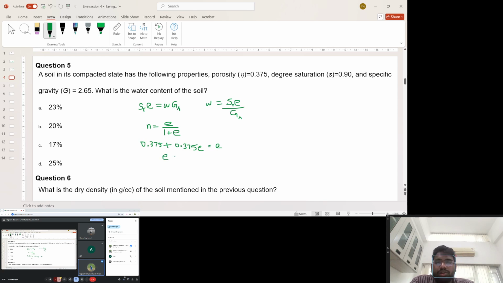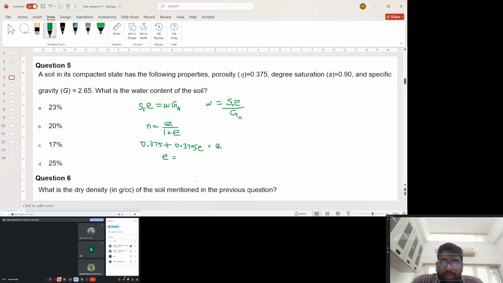How much is the void ratio we are getting? Please compute and let me know. It is 0.6.